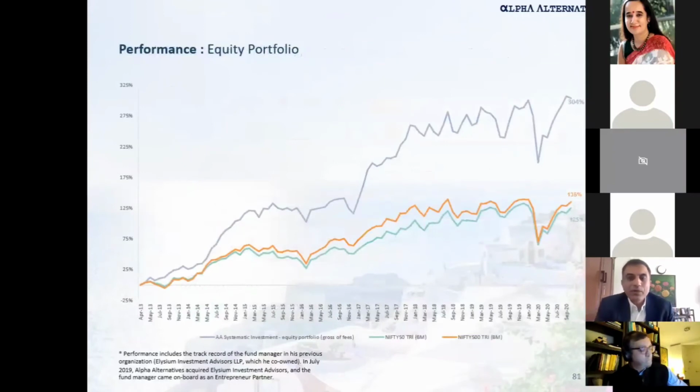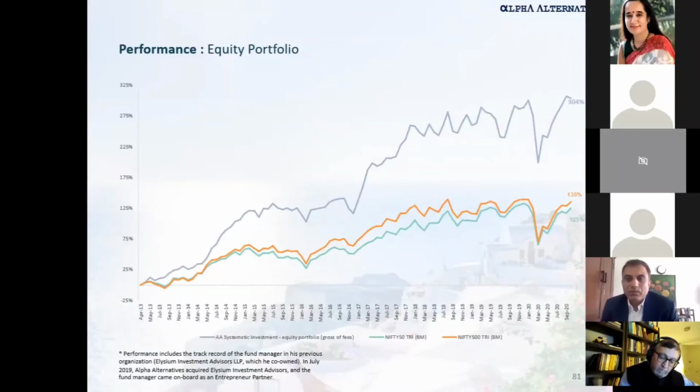So if you're able to scientifically select, so in systematic, what we do is we scientifically take all these factors, put allocations, put a certain weightage, and build the equity portfolio. And what this unbiased scientific approach to investing does is create an equity portfolio which has, over the last almost 8 years now, delivered a performance which is almost 2.5 times the market, right?